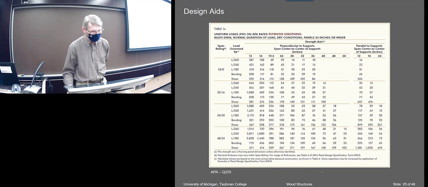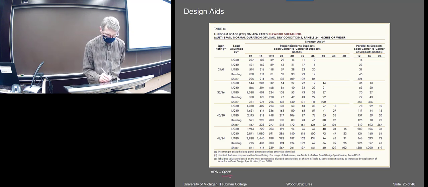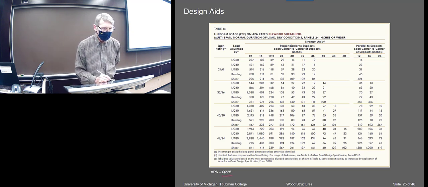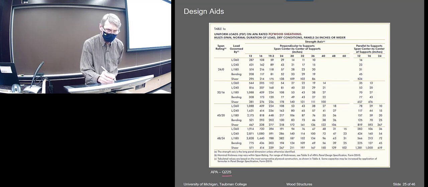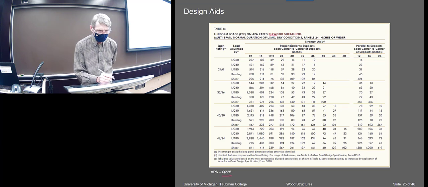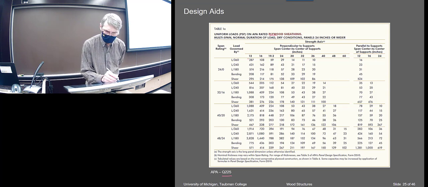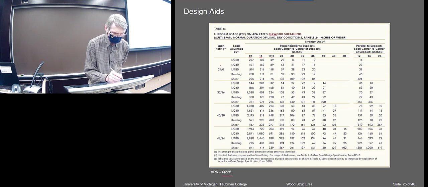So these are some of the tables that are in that, Q225. Right, for plywood sheathing, this is your span, right? This is going to be your on-center spacing of the joist. Here's the different span ratings, right?